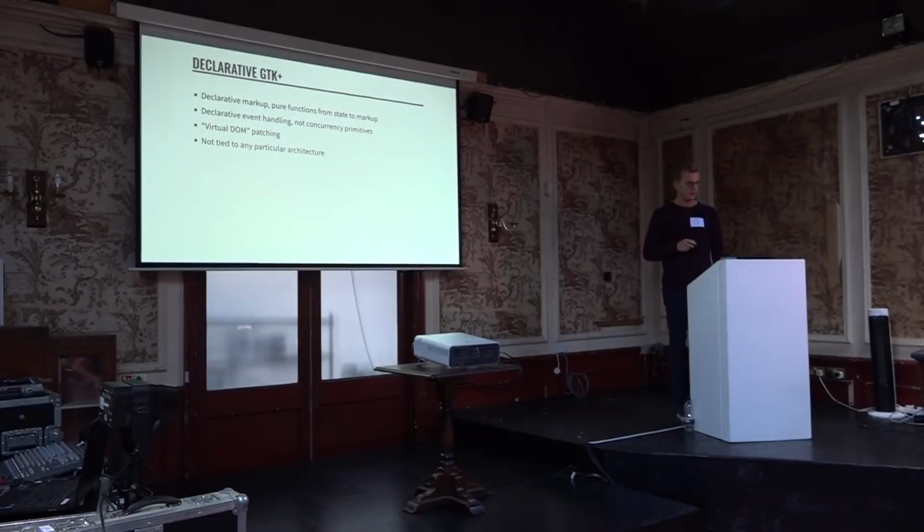Otherwise, if you have a cursor in a text entry, or you have some scroll bar position state going on, then you lose that state each time the whole thing is re-rendered. Everything disappears and comes back, and it might be a bit janky. So we'd like to do minimal updates, and we'd like to have a framework doing that for us. And that's basically what virtual DOM does in JavaScript and web land, but we'll need something like that.